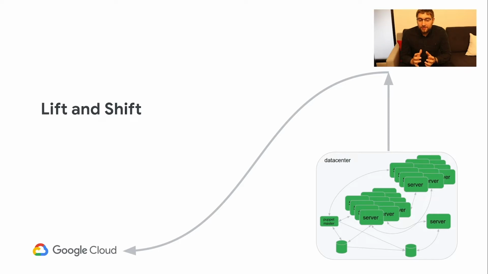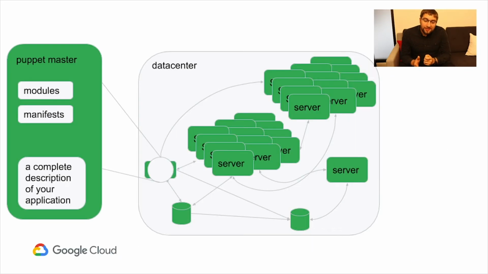A lift and shift is a type of migration where you transition from an on-premises application, where the code is running on servers that you own and administer, to the cloud, without doing a substantial re-architecting of your application. In your existing Puppet master agent configuration, you have a box on your network which contains all the manifests and modules that you've worked hard on and painstakingly assembled over the lifetime of your application and infrastructure.